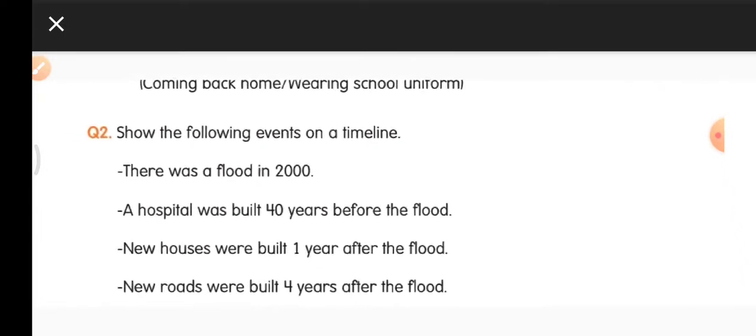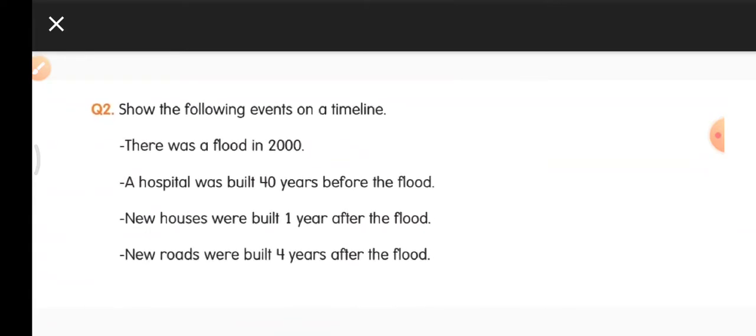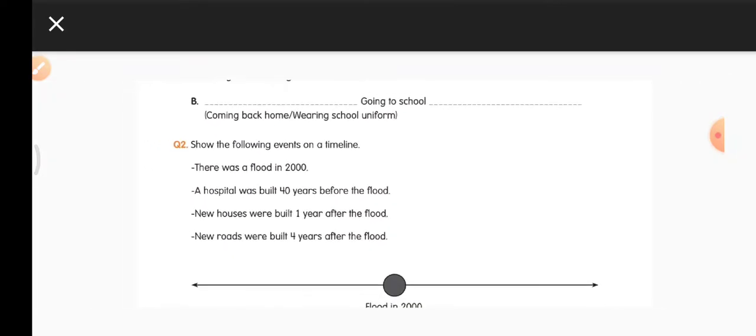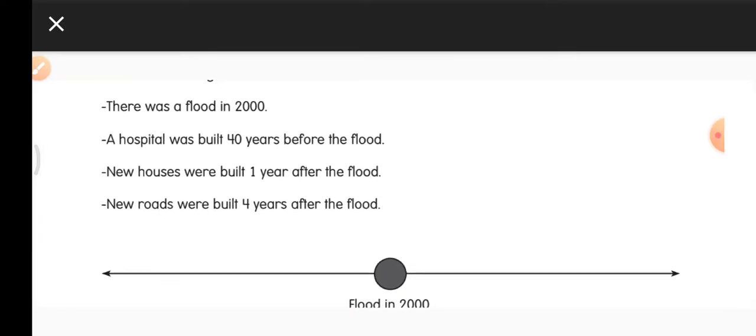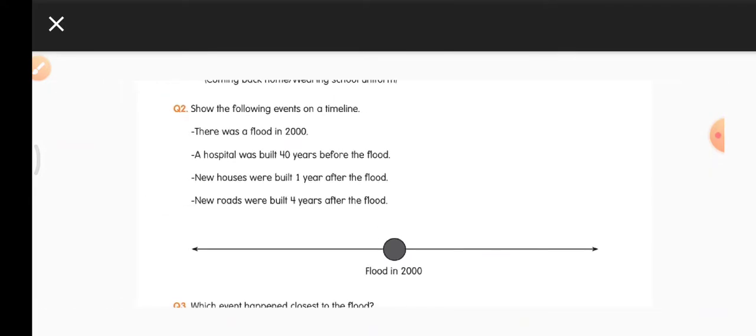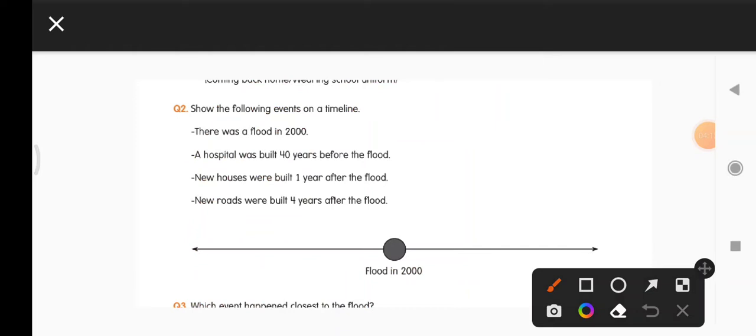Second question, show the following events on a timeline. There was a flood in 2000, a hospital was built 40 years before the flood, new houses were built 1 year after the flood, new roads were built 4 years after the flood. Let us see how we can do it. There was a flood in 2000, that is shown.